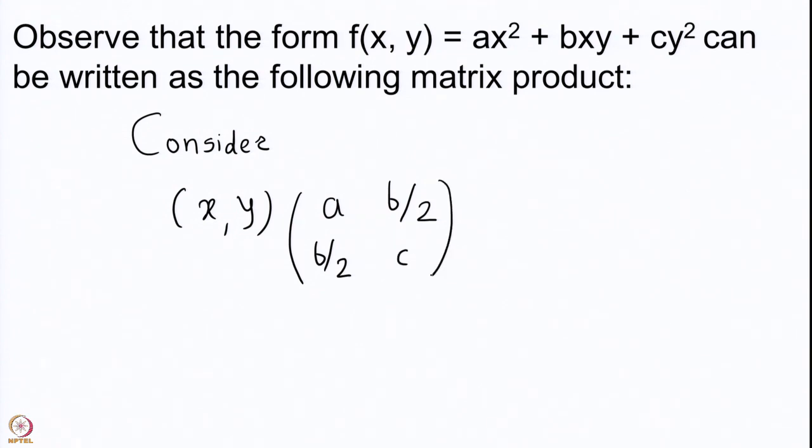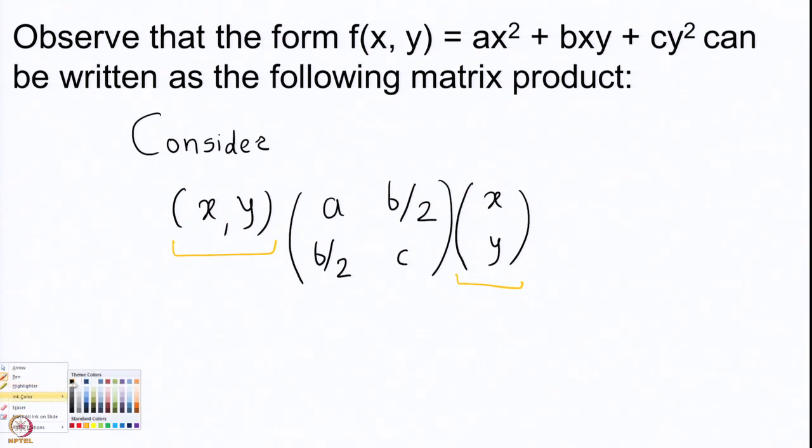Note that this is a symmetric matrix, and then I multiply it by a column vector. The row vector and the column vector are transposes of each other. That is one thing that we notice.